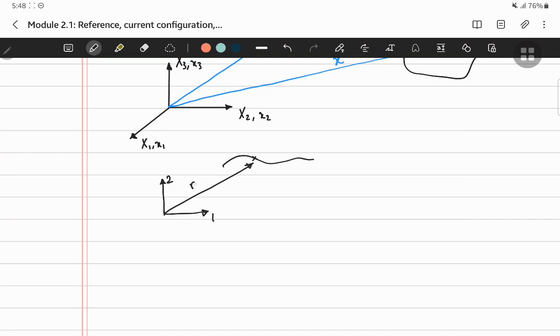So we used r of t, which was basically a vector. So we can characterize its position by a vector r, and this r is basically a function of t. For example, for this particle, we use another r. So maybe this is r1, we use r2(t). For this particle, we use r3(t).